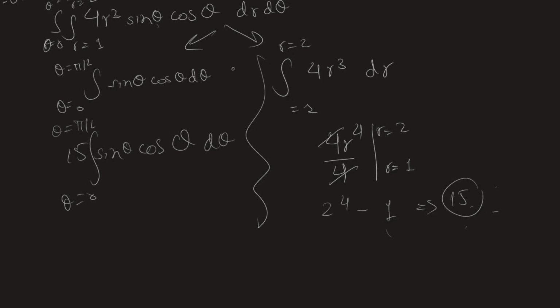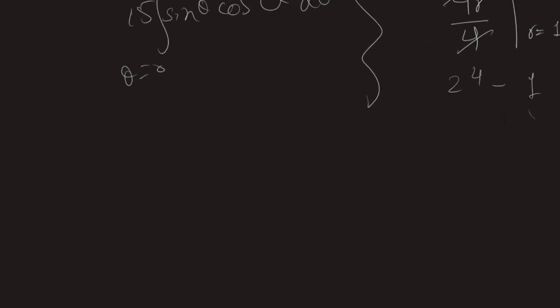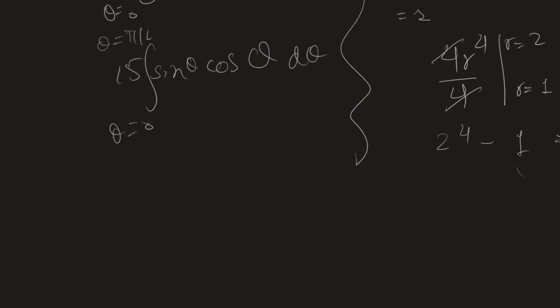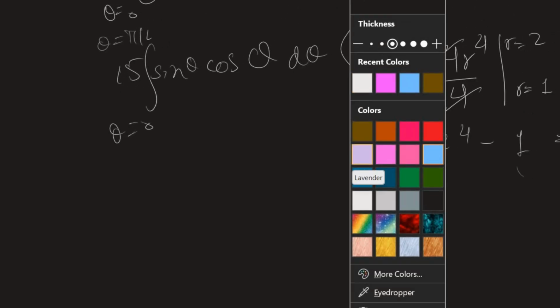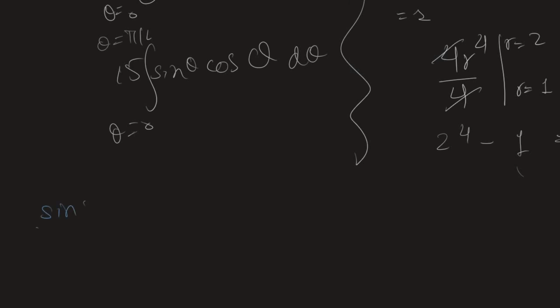Alright, so now to solve this one, you need to know a trig identity. The trig identity is as follows: sine 2 theta is equal to 2 sine theta cosine theta. But we do not have a 2 over here, so we'll simply divide this trig identity by 2 on both sides.